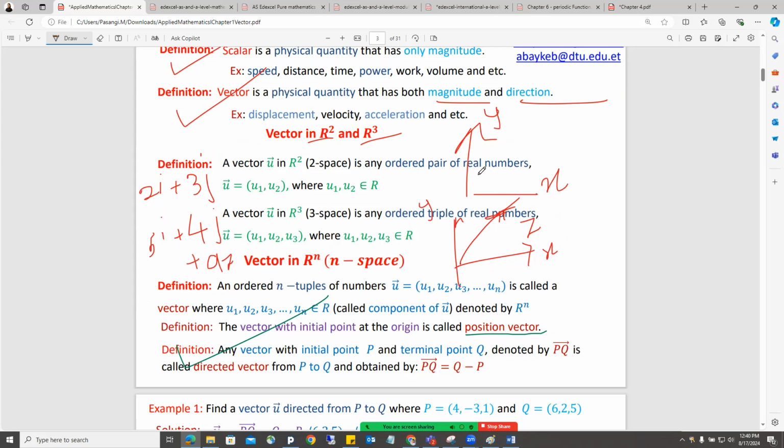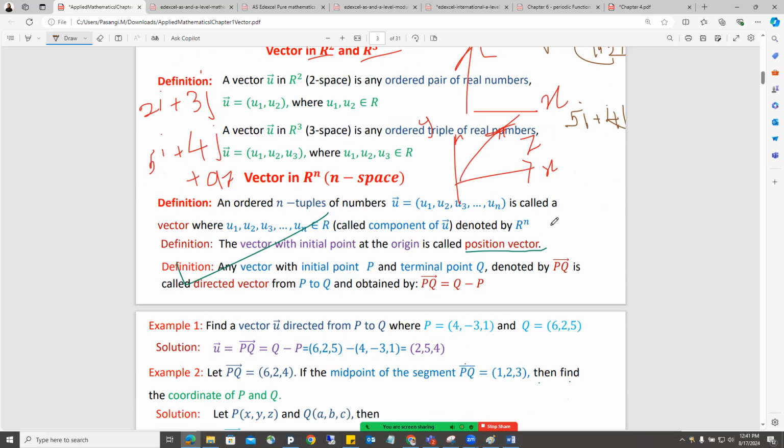Vector v is also the same. We can define this vector v as v1 comma v2, for example 5i plus 4j. That's how we normally define all these vectors.